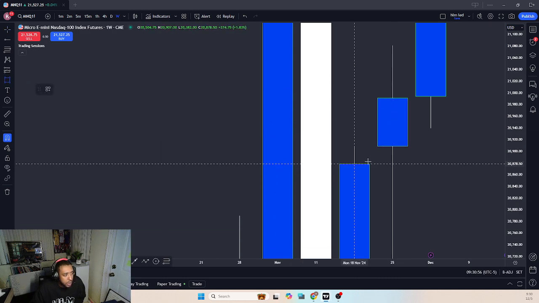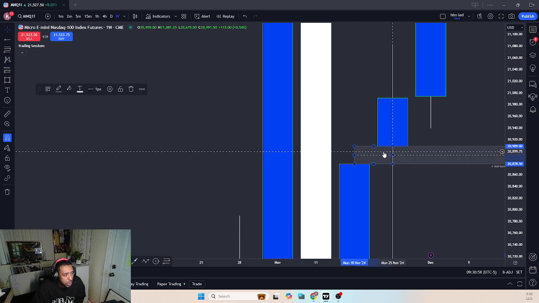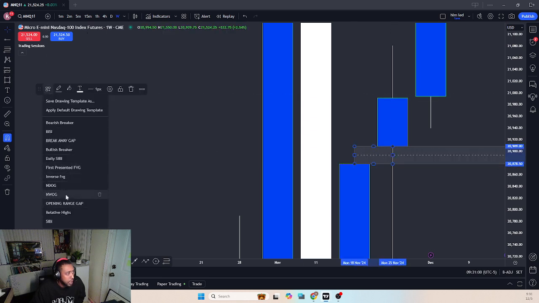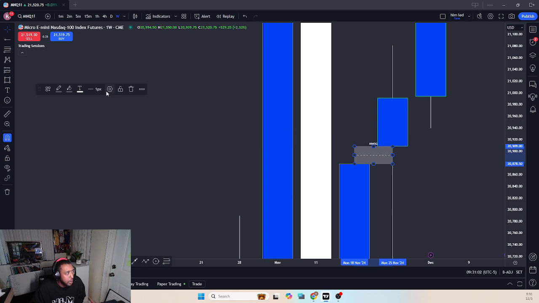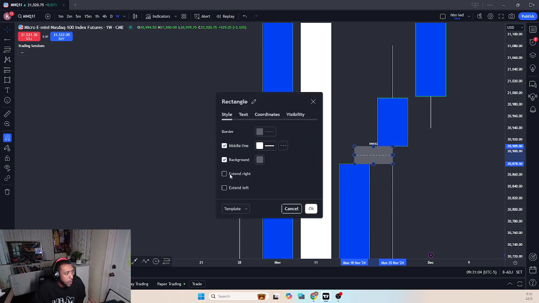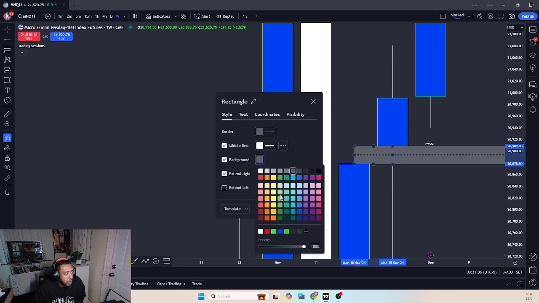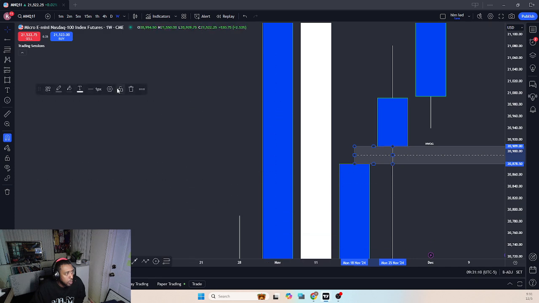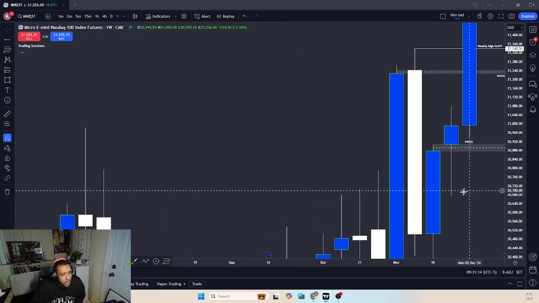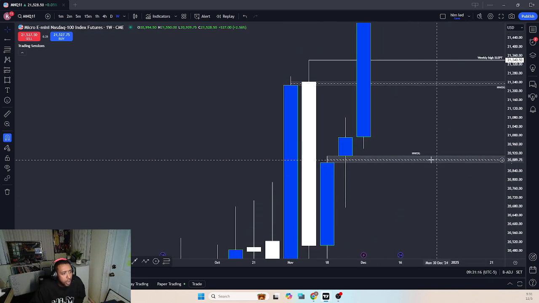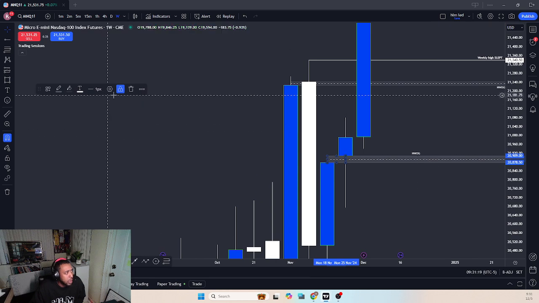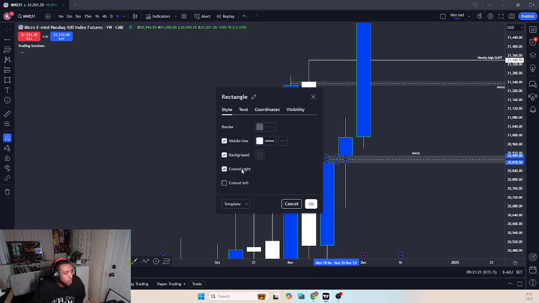So grab the close, go to the open, extend it to the right, notate it as a new week opening gap. Boom, lock it. I'm locking it in place just in case I hover over it with my mouse, so it doesn't move.